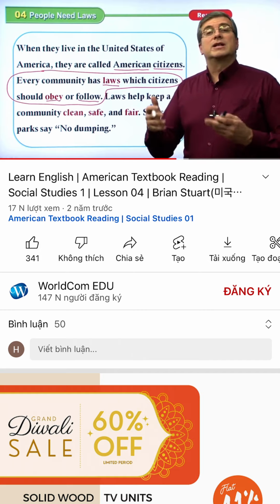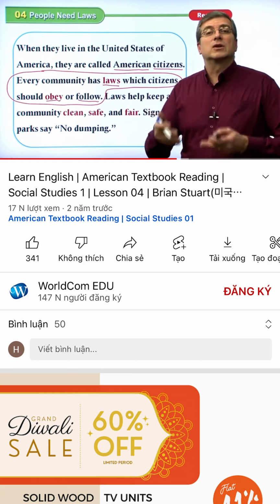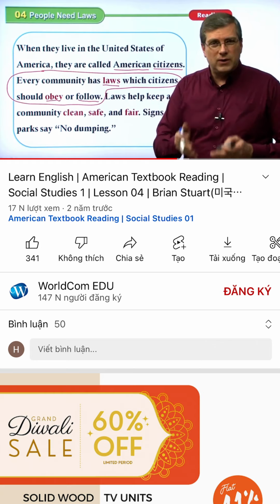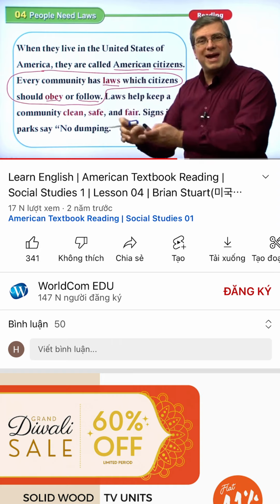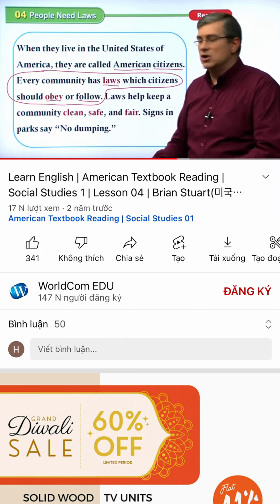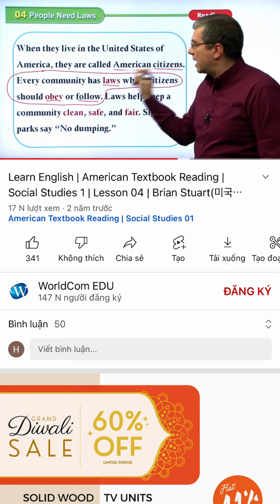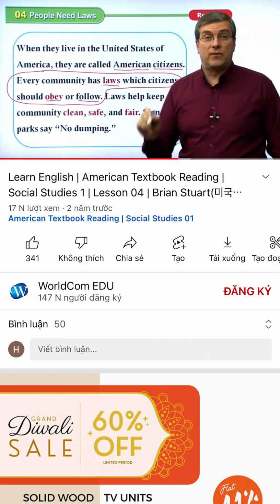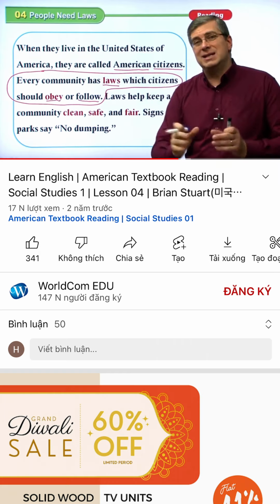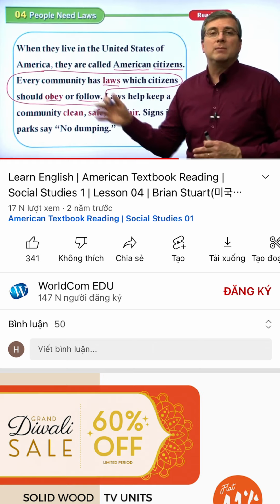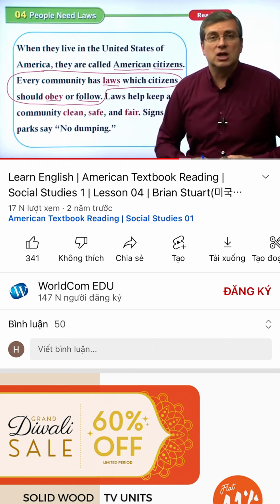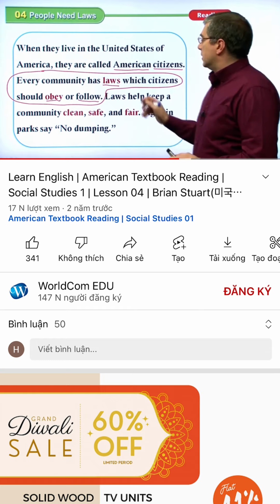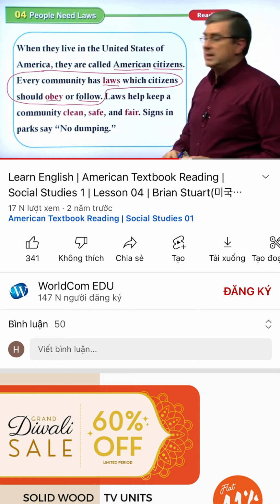They will define certain terms that you need to know first, and then they will get to the main topic of the reading passage. The main topic here, of course, is that every community has laws which citizens should obey or follow. That's really the main idea of this passage. What we read before is just definition of terms.